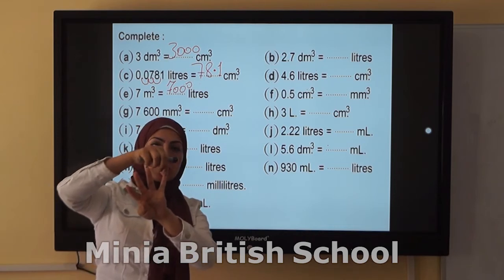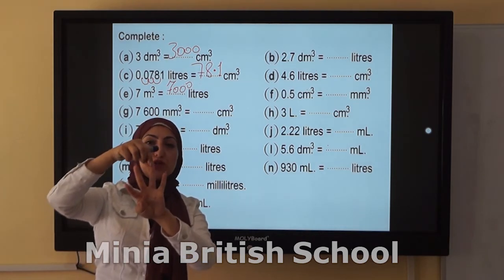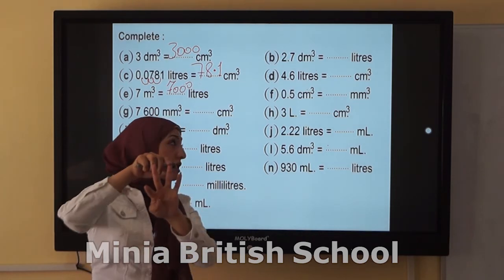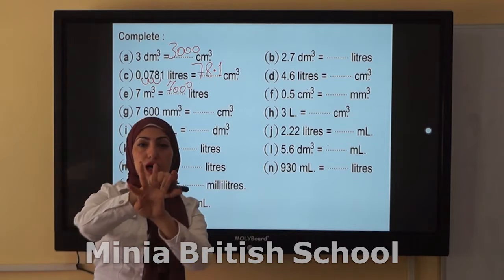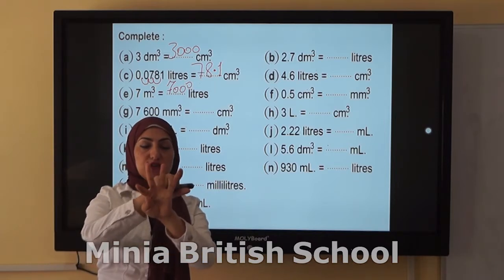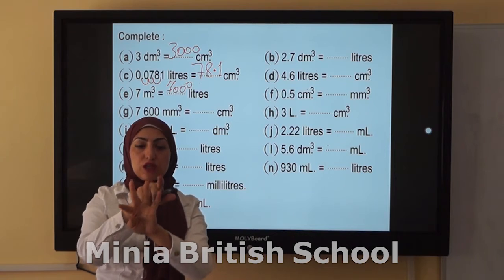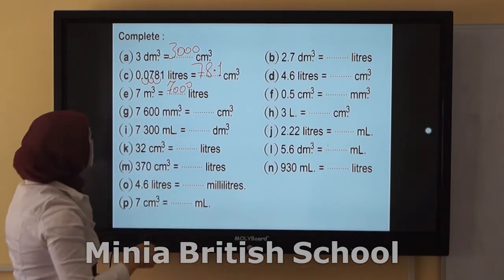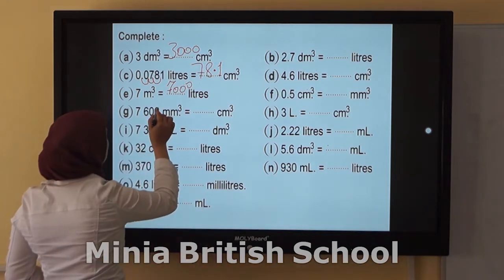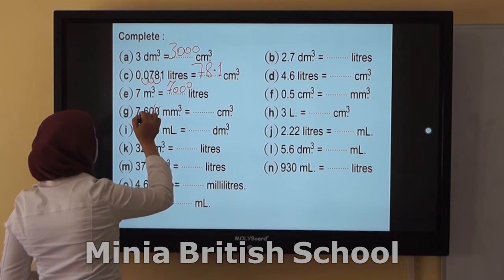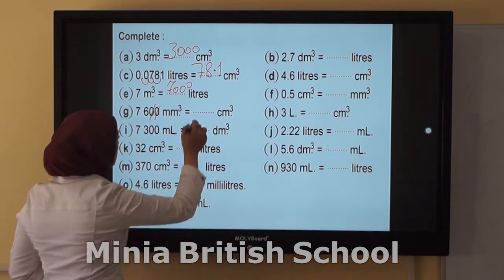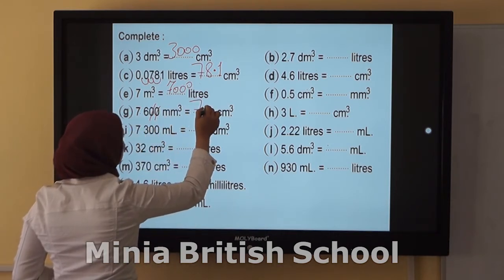Here I go from the smallest to the greatest, so I have to divide by 1,000.